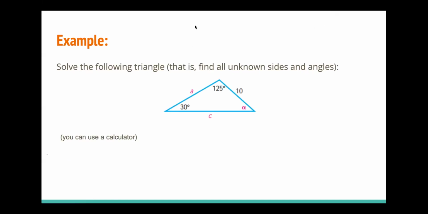You can use a calculator because the angles are not nice. I'll give you all like 3 minutes to do this.